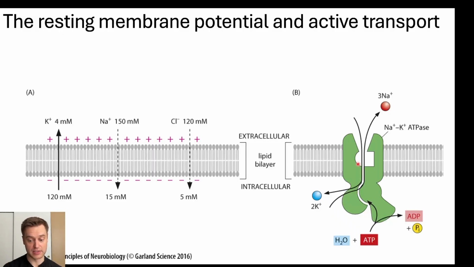It's always happening. It never stops. And I think that's all you need to know about the sodium-potassium pump for this purpose. Also, this pump is what brings the neuron back to its baseline, its homeostatic or baseline charge.